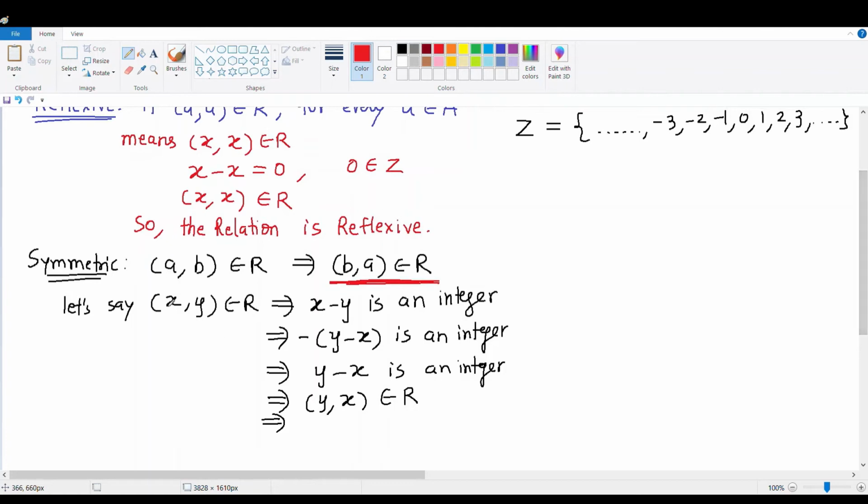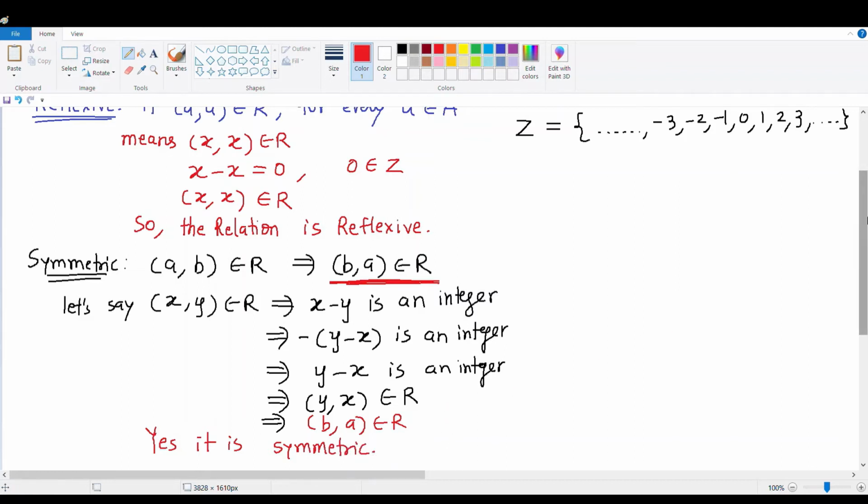We took x for a, y for b, so b comma a belongs to R. That's what we wanted. So for every a comma b that belongs to R, we will have b comma a also in that set. So yes, it is a symmetric relation.